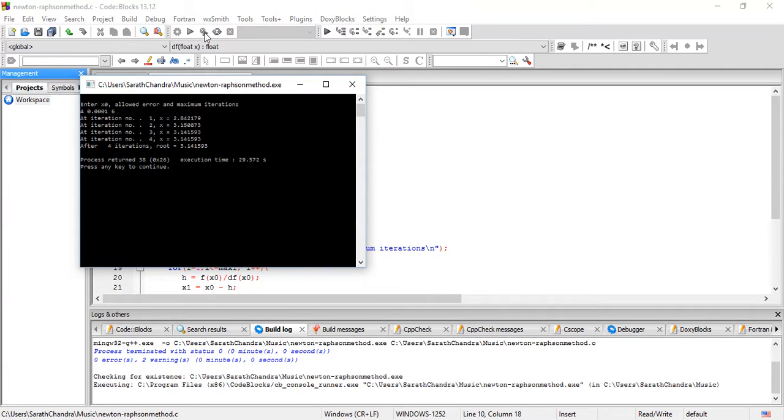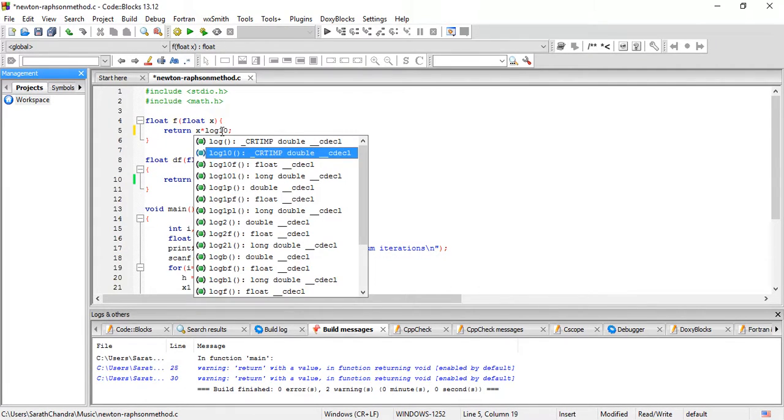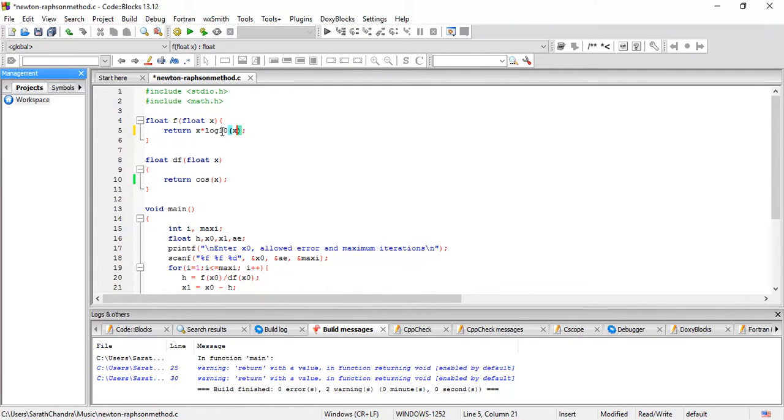Let us try for a slightly more complicated function. How about a logarithmic function? x times log base 10 of x, and that is slightly complicated.